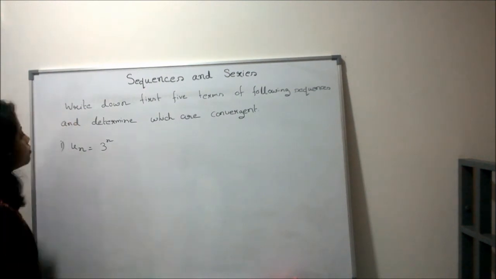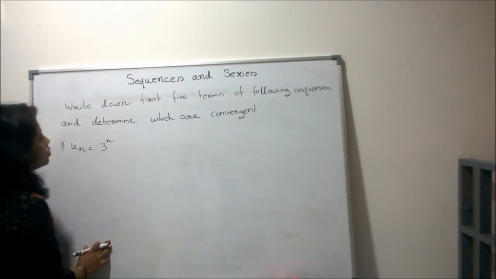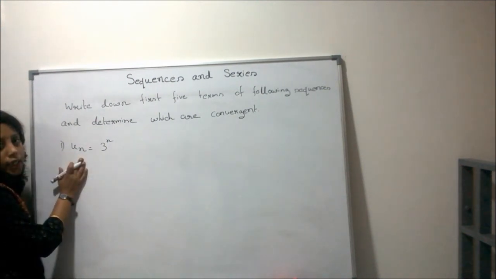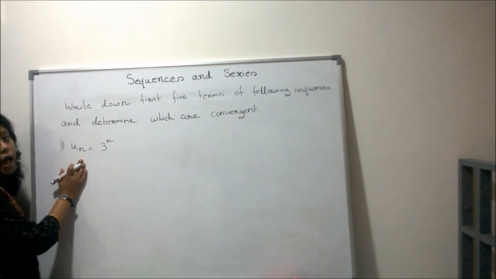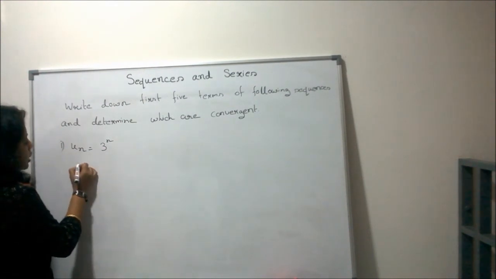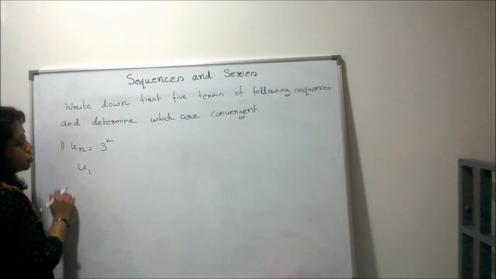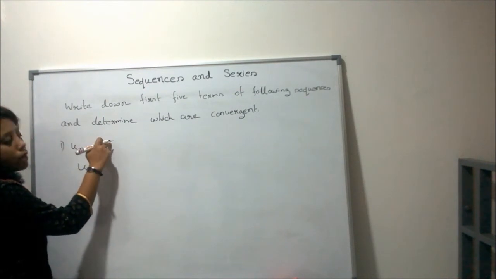So for the first problem, we will put n is equal to 1, 2, 3, 4, 5. We know n belongs to the set of natural numbers, and n is greater than or equal to 1. So first, u1. When n is equal to 1, what will be here?